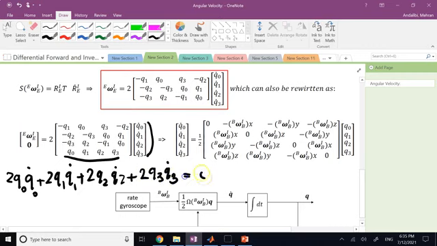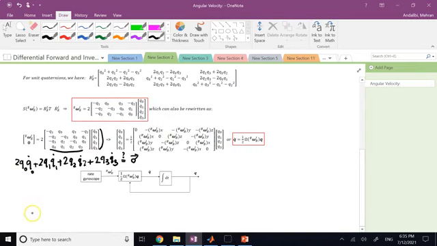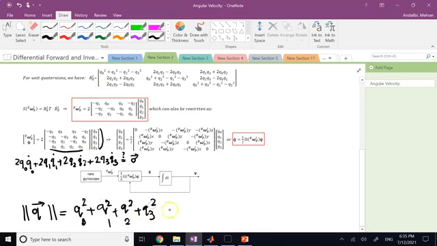Why is this equal to 0? Well, the answer all lies down to this, that the magnitude of the quaternion q, which is what? q0 squared plus q1 squared plus q2 squared plus q3 squared. This magnitude is equal to what? To 1, right? That's a unit quaternion.